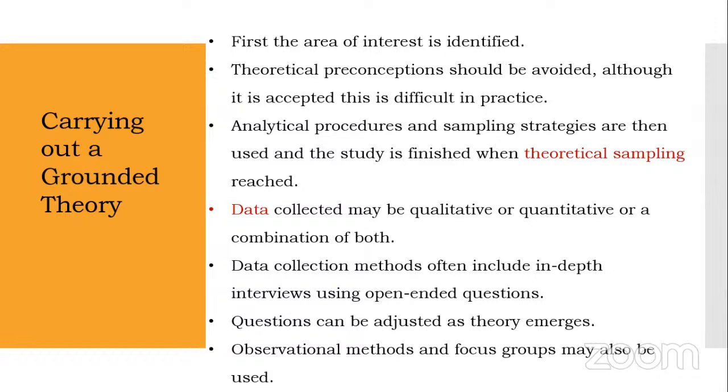Observational methods and focus groups may also be used in this case. I guess you have already attended classes on these two methods, so I'm not going into the details. Observational methods can include certain kinds of data which can sometimes be quantitative in nature. And focus group discussions generally generate data which is similar to the data obtained from interviews.